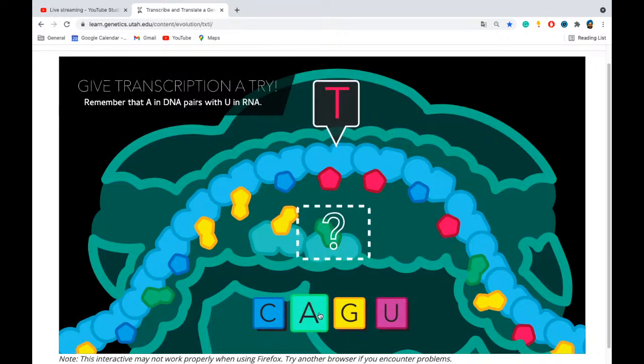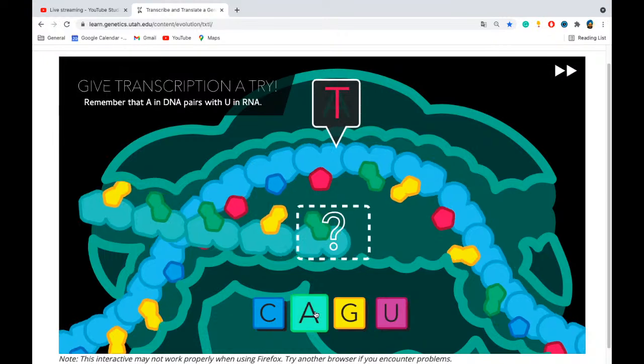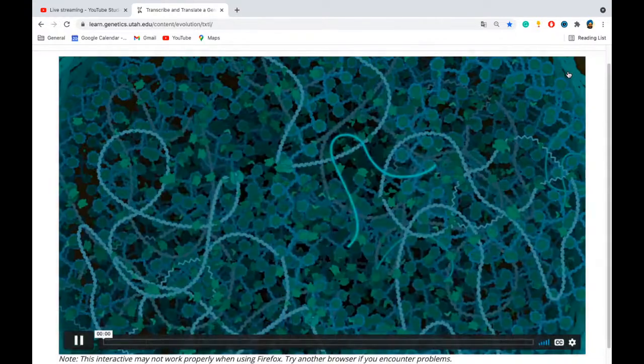It will be A. For C, it will be G. For T is A. And for A, it will be U. Yes.